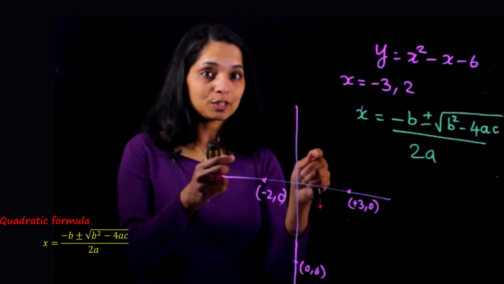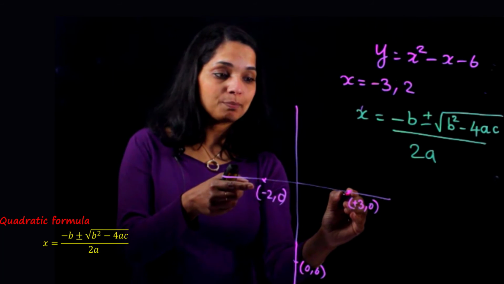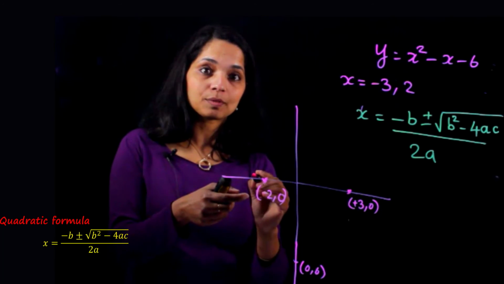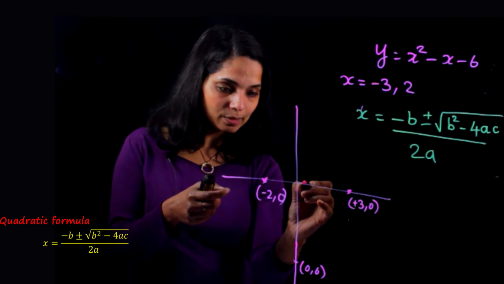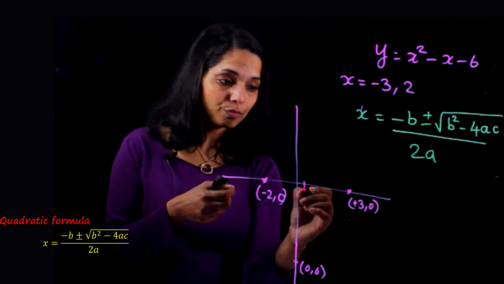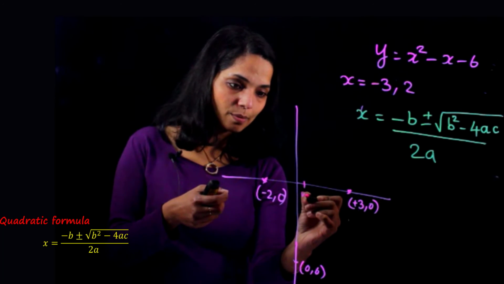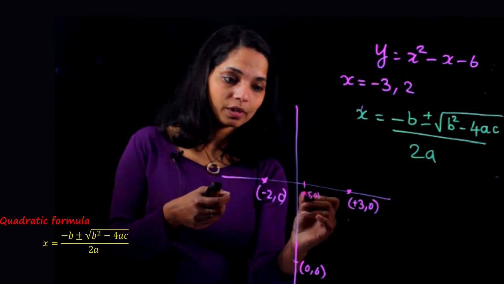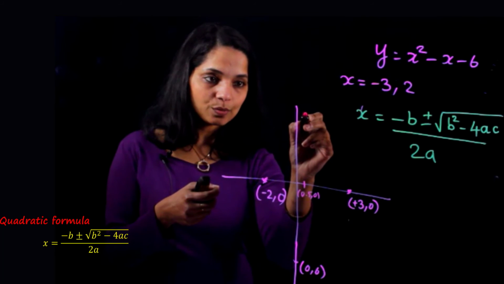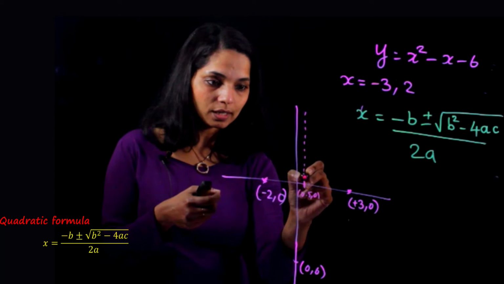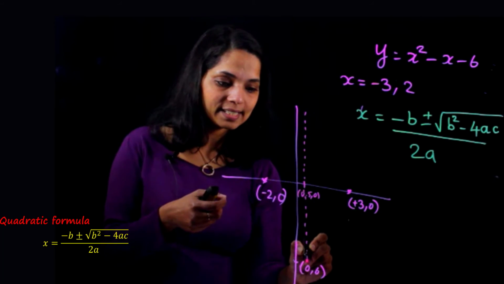The axis of symmetry lies exactly midway between these x-axis intercepts. So that could be 0.5, because for minus 3 and 2, the midpoint is here, (0.5, 0). So this is where the axis of symmetry lies. If I'm just drawing a line like that, that's the axis of symmetry.